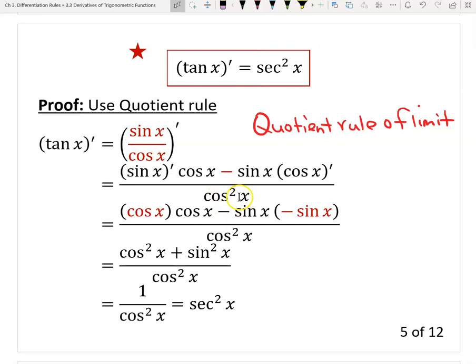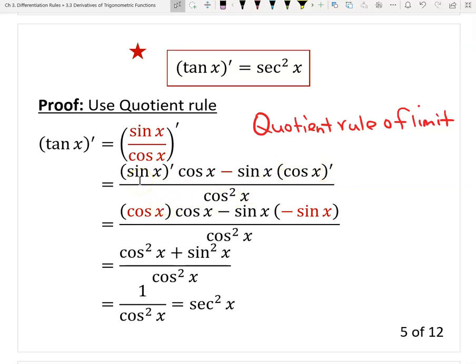Can you see the bottom is cosine square, right? What is the top? The top is very similar to the product rule. Okay, the top take a derivative, the bottom minus. Keep in mind here is minus. The first term, which is the top, times the derivative of the bottom. Do you remember the first take a derivative, the second take a derivative?